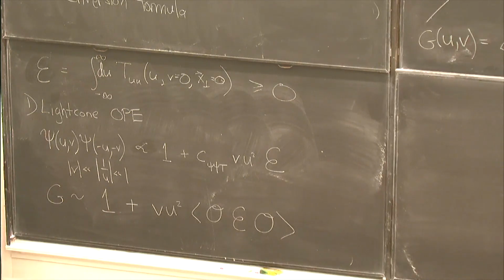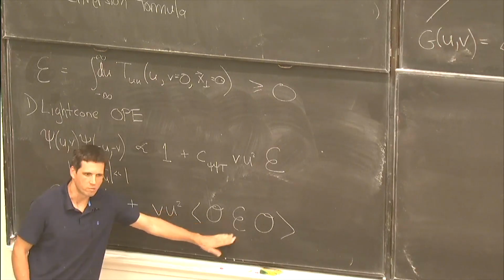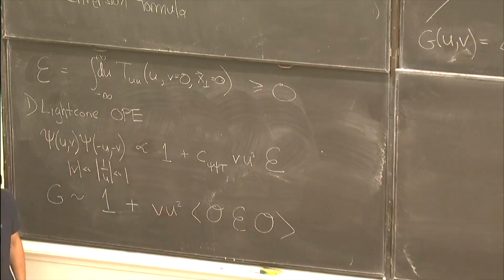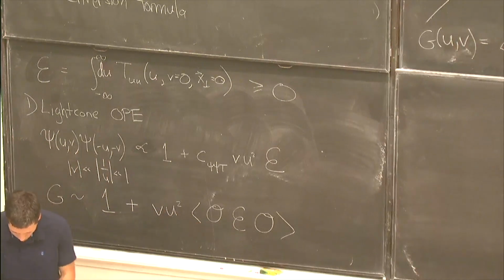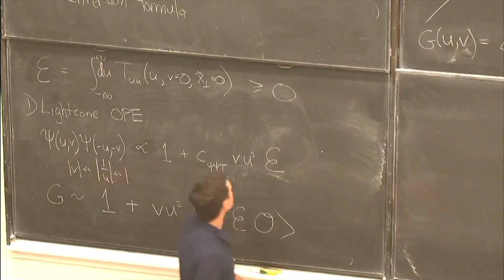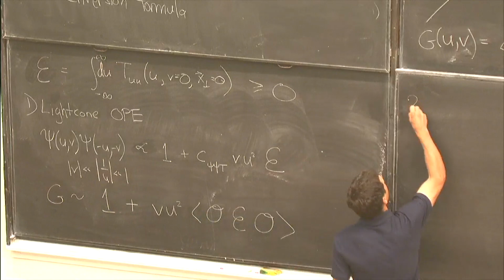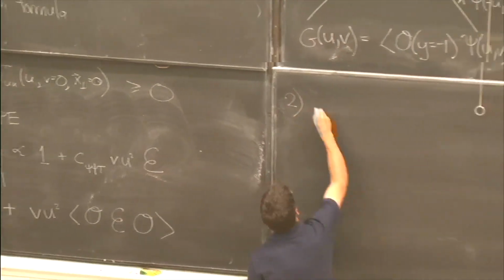It's because this null energy operator is one of the leading contributions, and is the leading contribution in this limit. So by studying properties of this four-point function, we're going to learn about the null energy operator. The second ingredient is causality.